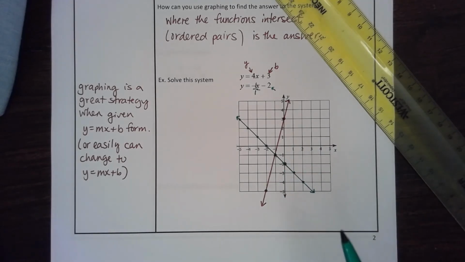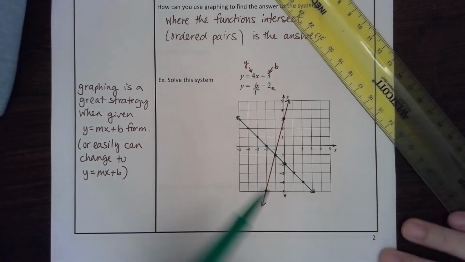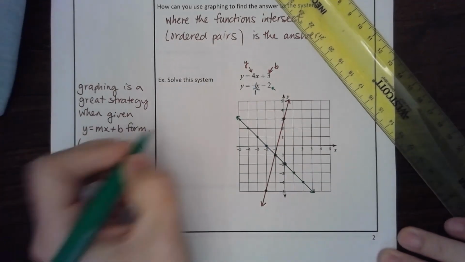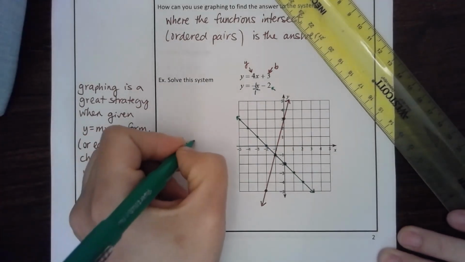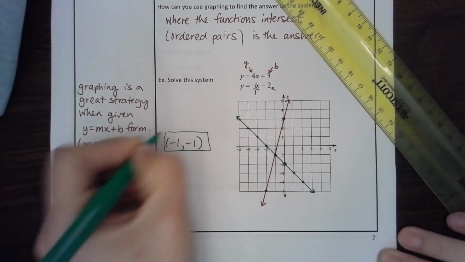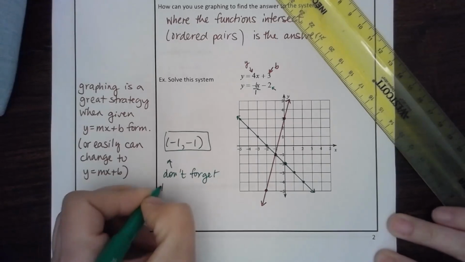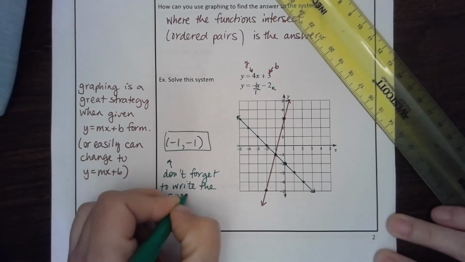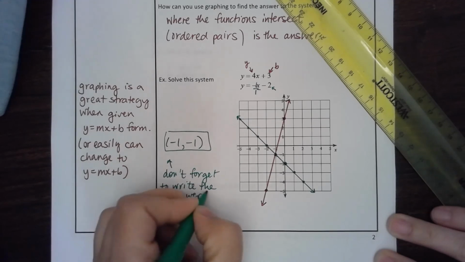But there's only one point in this case, and usually there's only one point that satisfies both lines, and that's that point of intersection. So our answer here is actually -1, -1. That's our final answer. And we don't forget to write the answer.